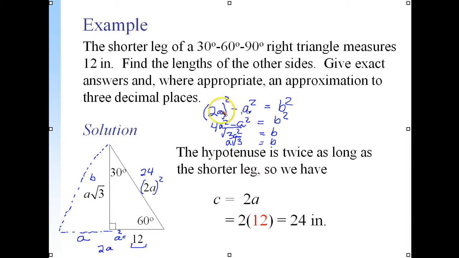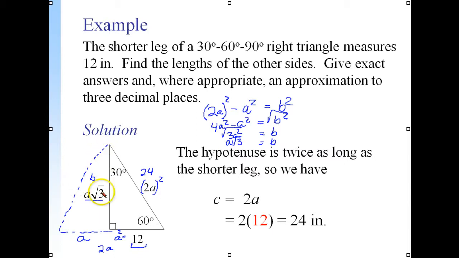We're going to square this, get 4A squared minus A squared. That gives us a 3A squared. And that equals B squared, this side over here. Now we take the square root of that side, that's going to give us B. We take the square root of this side. That gives us the square root of A squared is A, and then you're left with the square root of 3. So this is where we get this over here.